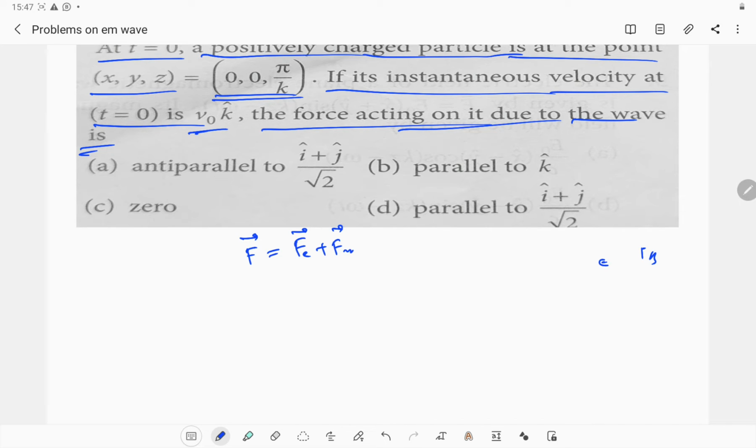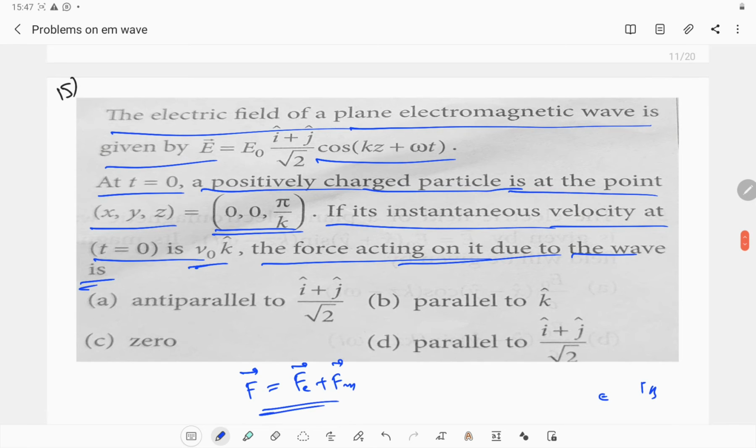due to the electric field and due to the magnetic field. Here the wave electric field vector is given as cos(kz plus omega t). From this we can decide the direction of wave propagation. With this plus sign, the wave is traveling along the negative z direction. Therefore c cap is equal to minus k cap.